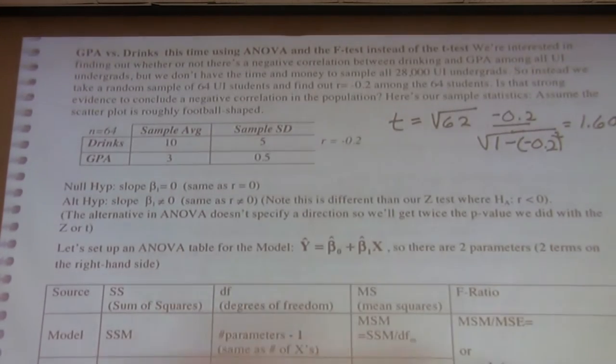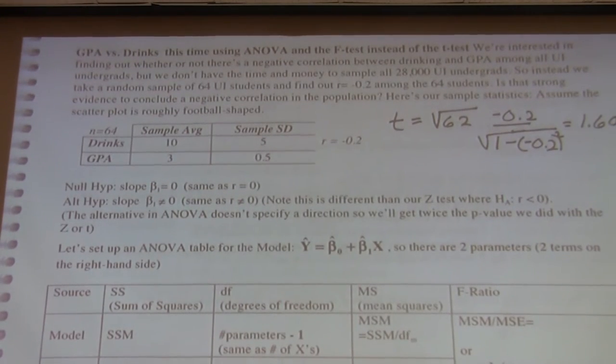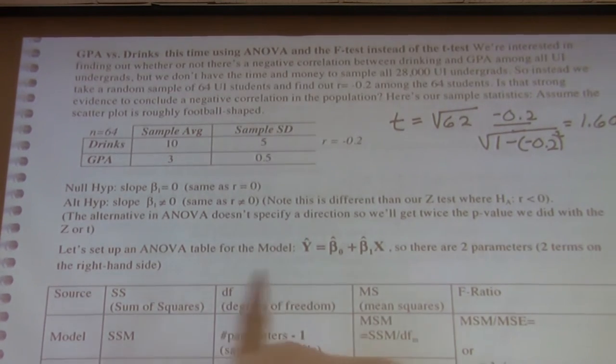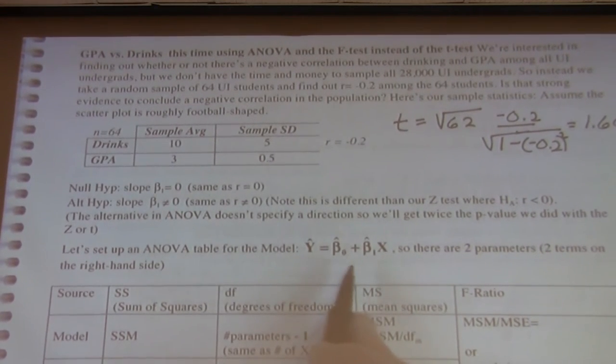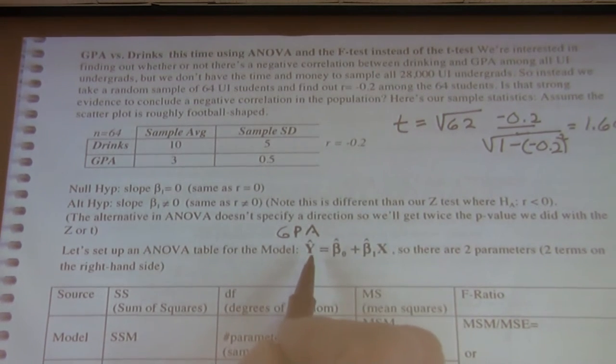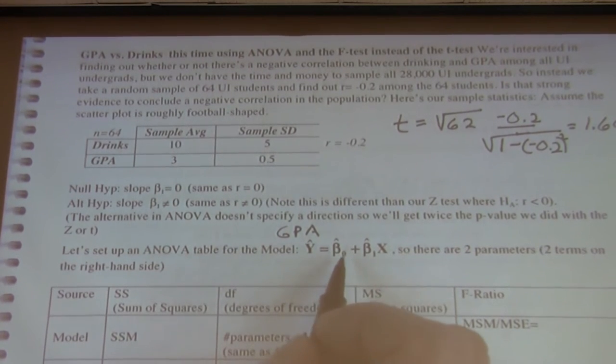All right, now let's do it a different way. Let's try it by this analysis of variance. We're going to set up our model. We're saying that predicted GPA, with the little hat on it, is equal to some estimated intercept plus some estimated slope times the drinks.